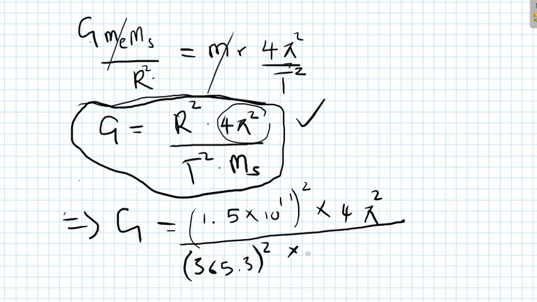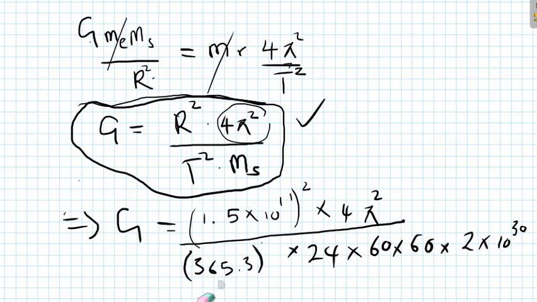Then we're multiplying by 24, because that's 24 hours. Then we multiply by 60, again by 60. And finally, we multiply by 2 by 10 to the power 30. So when we punch this on the calculator, sorry, this shouldn't have been squared.